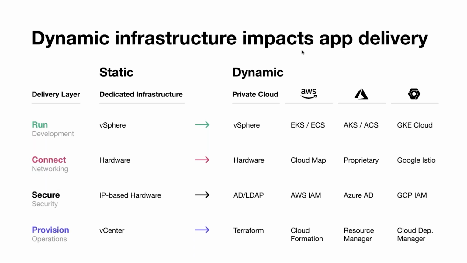If you look at the security layer, then each different operator has their own distinct identity model. For networking, each has a proprietary networking model, which is one of the key reasons why people are now looking at service-based overlay models of the networking layer.